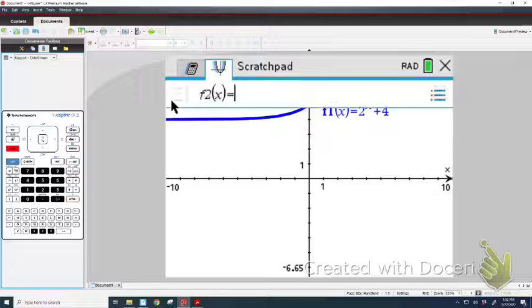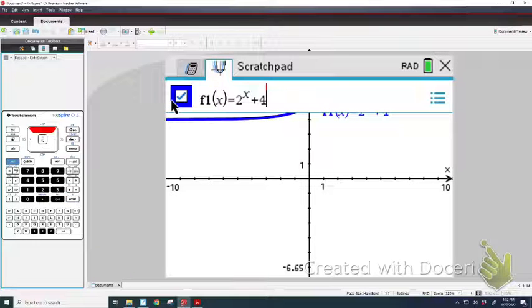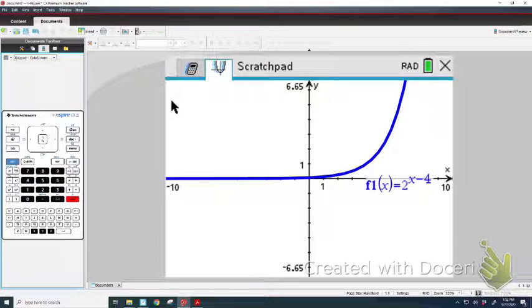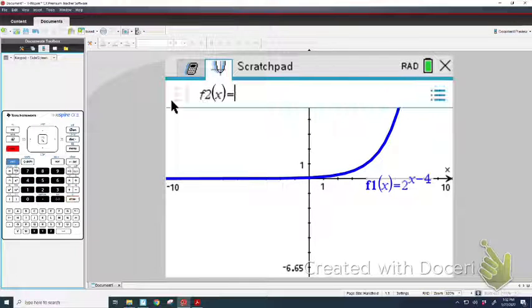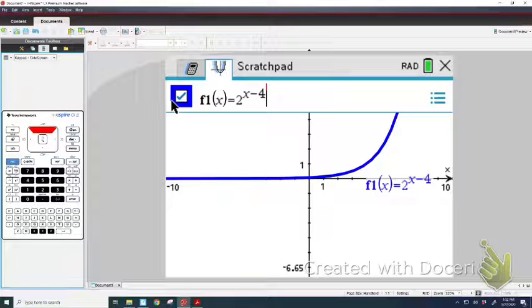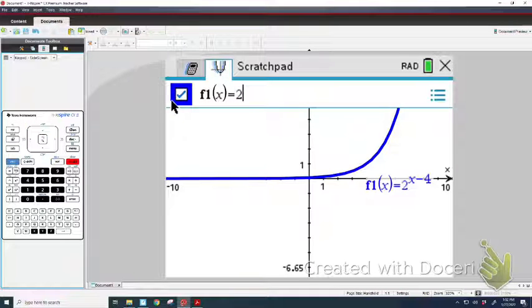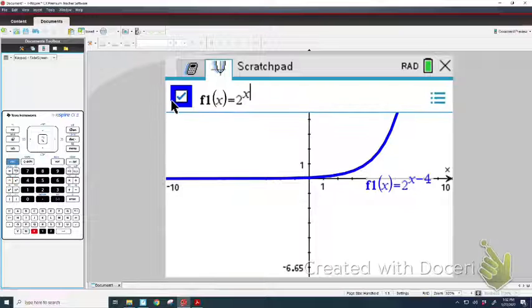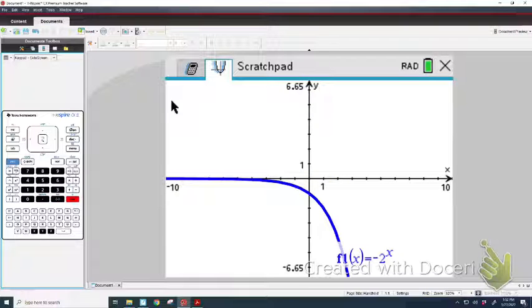If you press the tab button and then up, you can alter what you had. So if I go minus 4 in the exponent, it's going to move it right. Tab up. And let's make this negative, flips down. You can type in any combination of these you want.